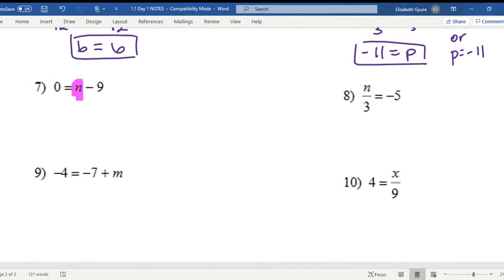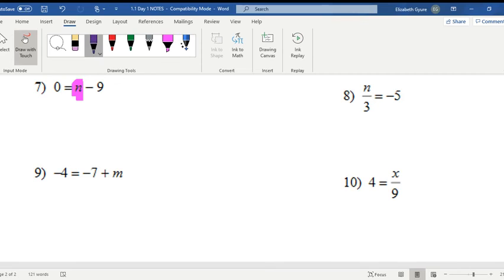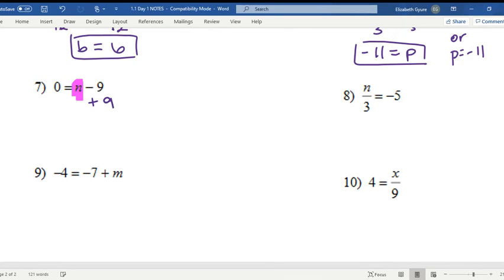Brooklyn, what do you think? What's the opposite of subtraction? Addition. So what do we want to add to both sides? 9, yeah, exactly. Add 9 to the left and the right. Good.